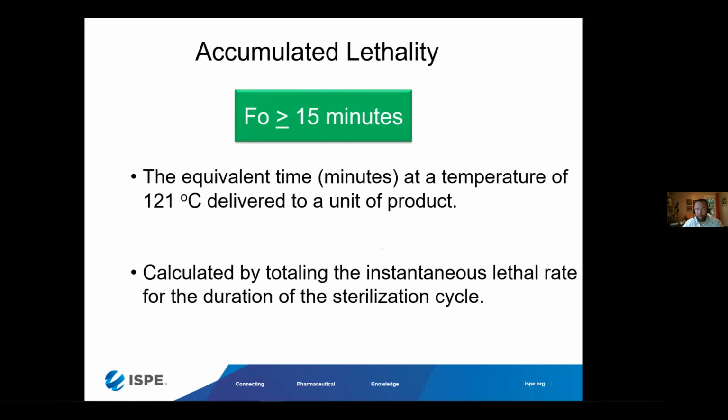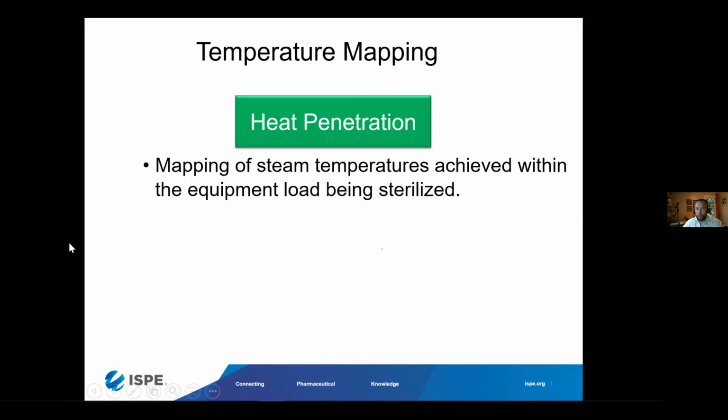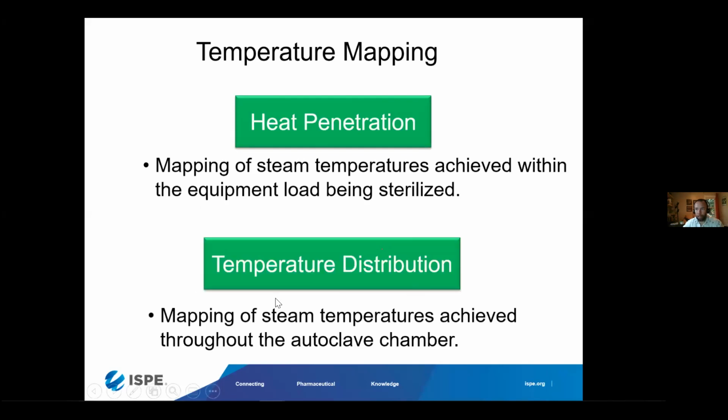However, you need to demonstrate using thermocouples that you have 15 minutes of lethality at the worst case location within the load. Temperature mapping is not only temperatures within the equipment within the load, but also temperature distribution throughout the autoclave chamber. So we're getting an overview picture of what's happening within the autoclave.